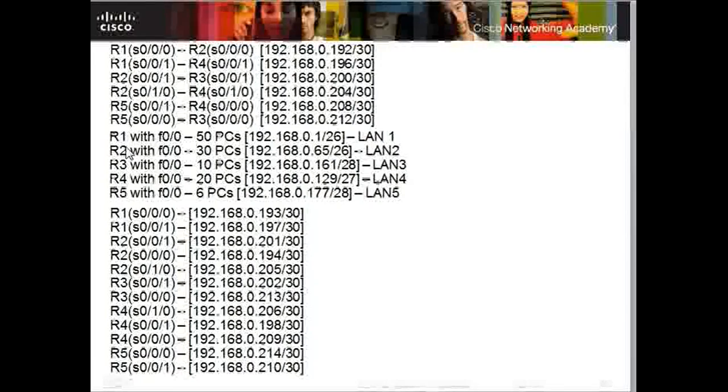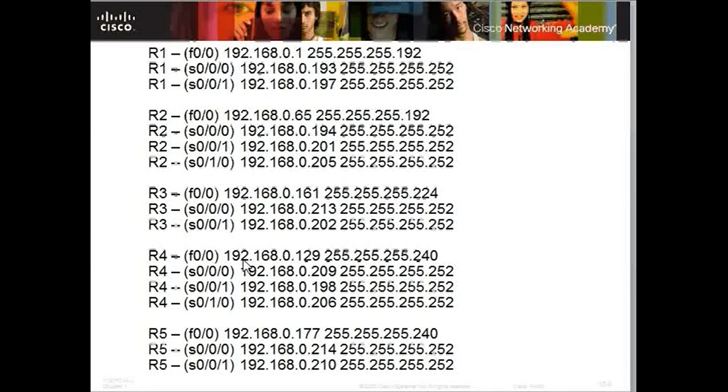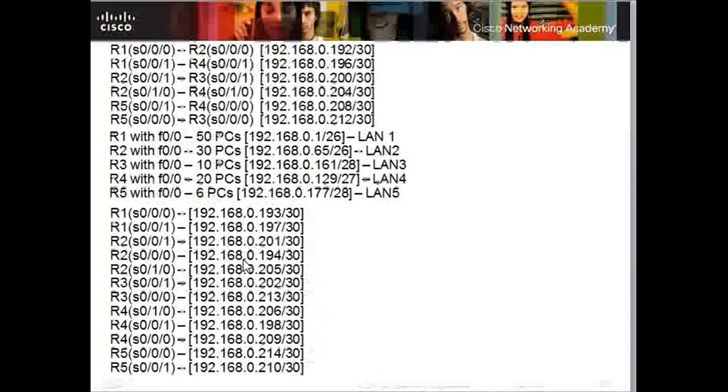So router 1, router 2, router 3, router 4, router 5, and I am making the connectivity as per this specification, fast Ethernet and serial interface, and these are the IPs for different router interfaces.